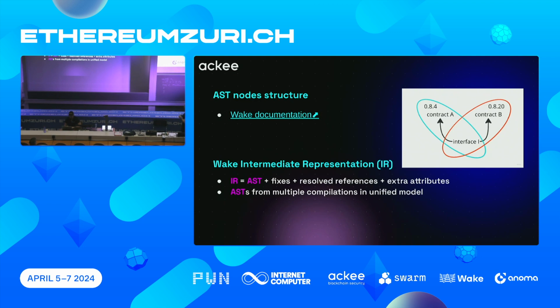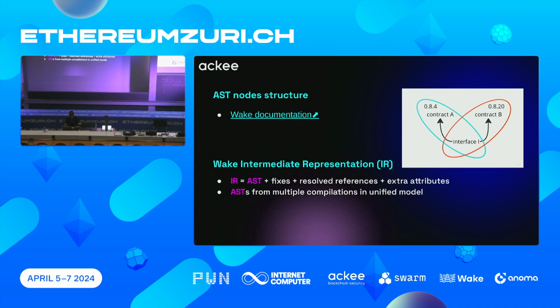So we will need to compile it first, maybe the blue part. We will compile contract A and interface I, and then we will need a different version of the compiler and compile interface I and contract B. So we will compile that interface two times, and we will have two AST trees that won't be the same. They will almost be the same, but not exactly.